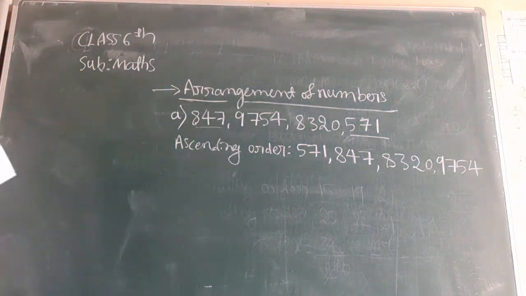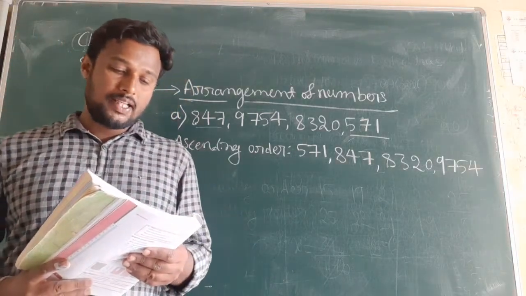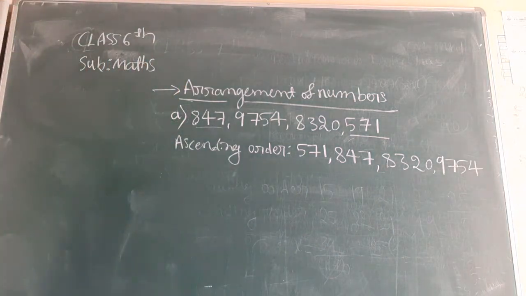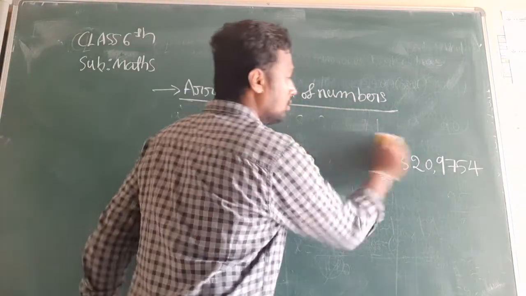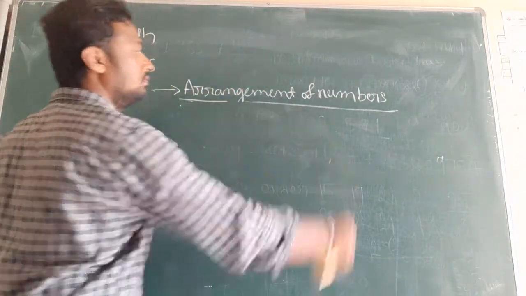Okay, so now I will solve another example: arrange the following numbers in descending order. So I will show how to arrange numbers in descending order with one example.